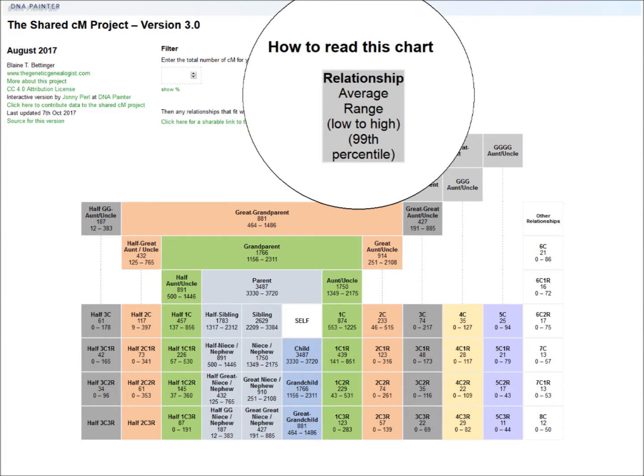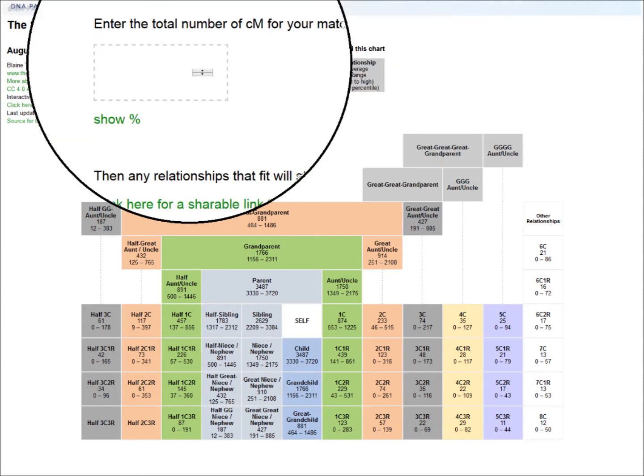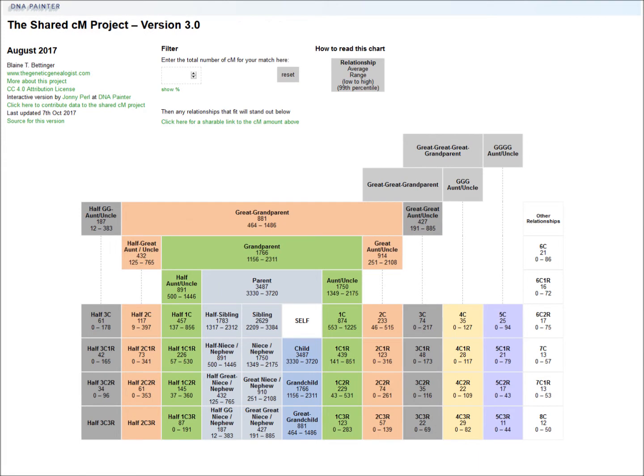The bottom of this chart contains boxes of common family relationships and their corresponding shared Centimorgans, averages, and range. Boxes will fade like magic if the number I insert here is out of range, and I am going to type in J.G. Perry's number.